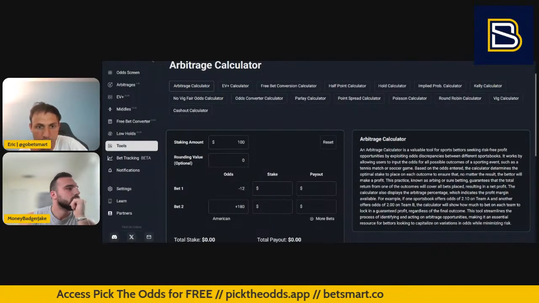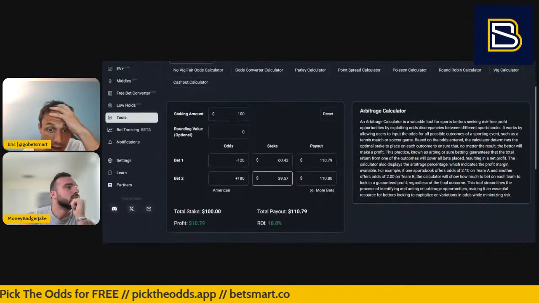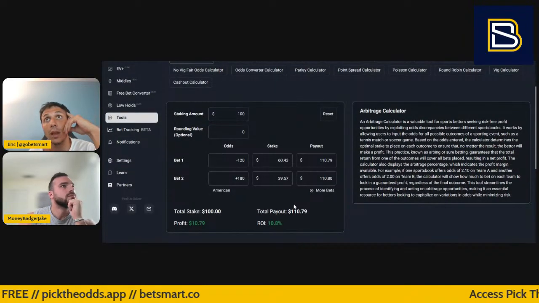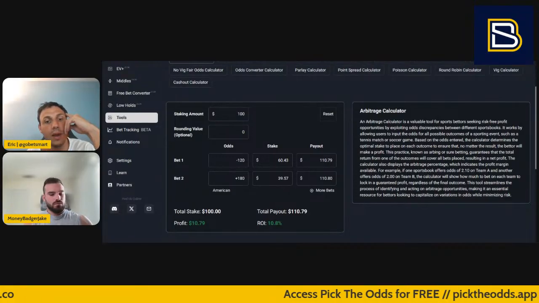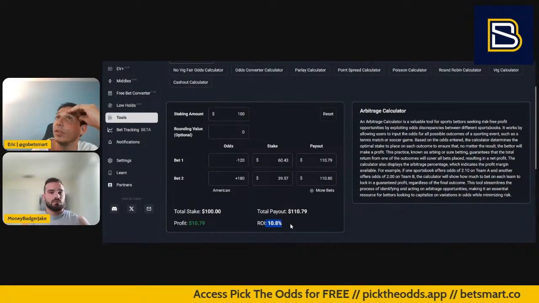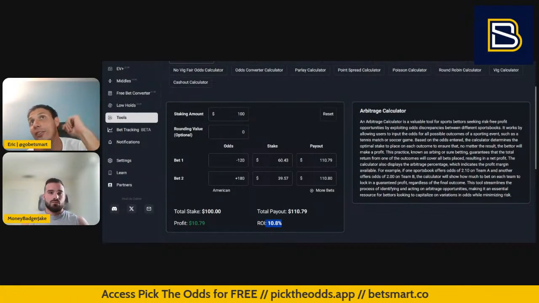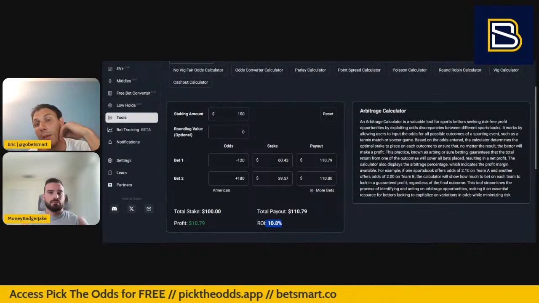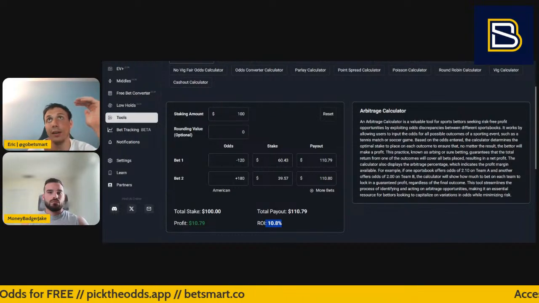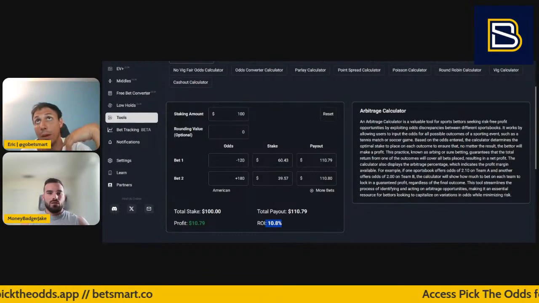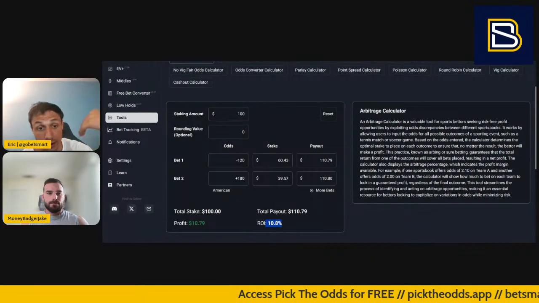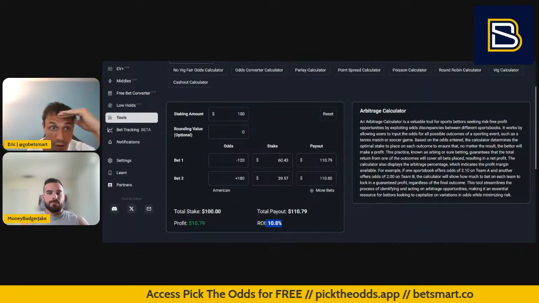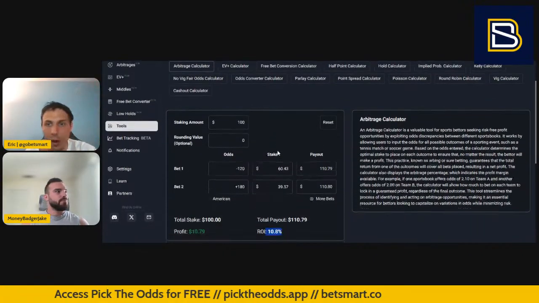So if I wanted to, I could have bet the under 9.5 as well and given myself a 10.8% return on investment arbitrage right there. And that is why Pick the Odds is so great, because of course those are going to be moving. Like if you remember before we went back to the Rockies game for the quick sweat, that was plus 220, which would have made my ROI higher. But you don't have to do anything yourself.